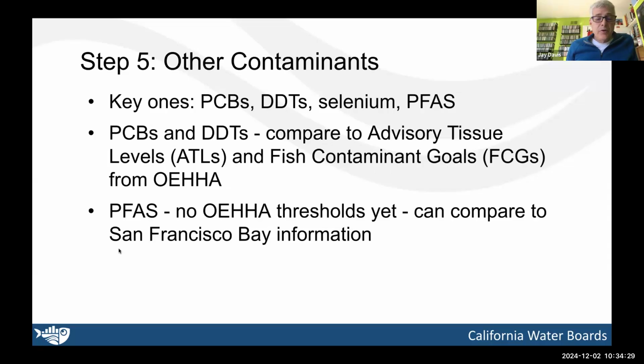When we present those data, we compare to thresholds that have been established by the state of Massachusetts. Other states have established thresholds, so we use that as a frame of reference. It's not an official threshold for California, but it gives you some idea of how problematic the levels are.